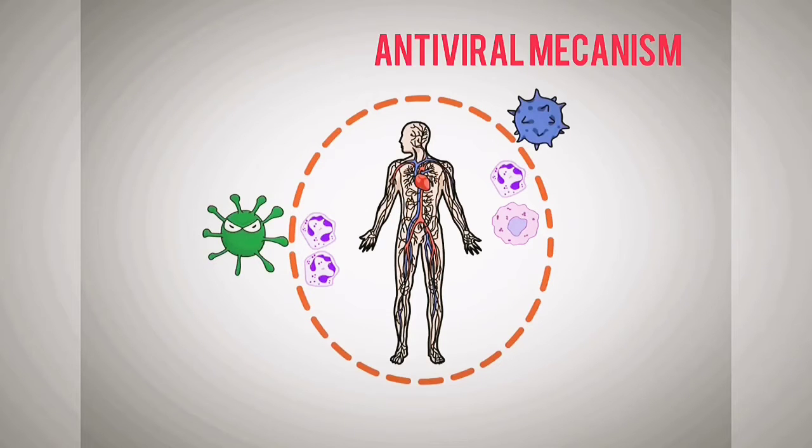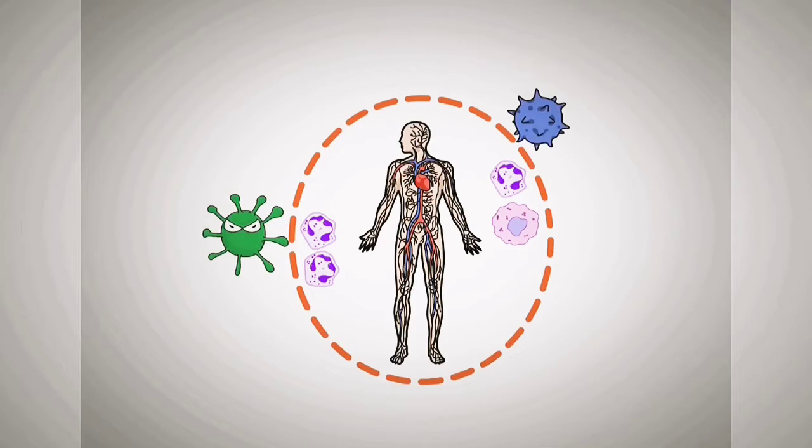Meanwhile, antiviral defense is dominated by natural killer cells. Natural killer cells will kill cells that have been infected, and cytokines, which we can call interferon, will block the replication of the antigen. So they work together.